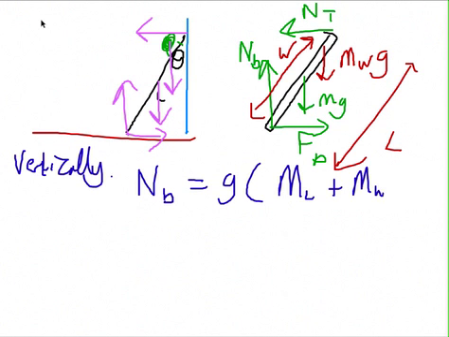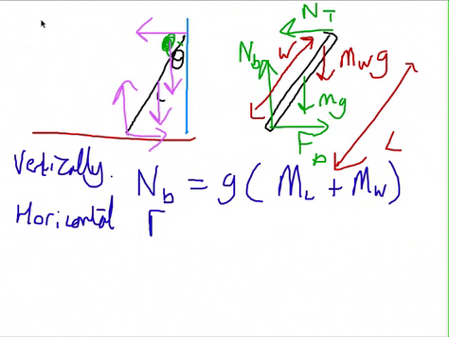Horizontally, we've got the friction at the base is equal to the normal force at the top. Now we have three unknowns, the two normal forces and the friction at the base, so we're going to need one more equation to solve it, three equations for three unknowns.